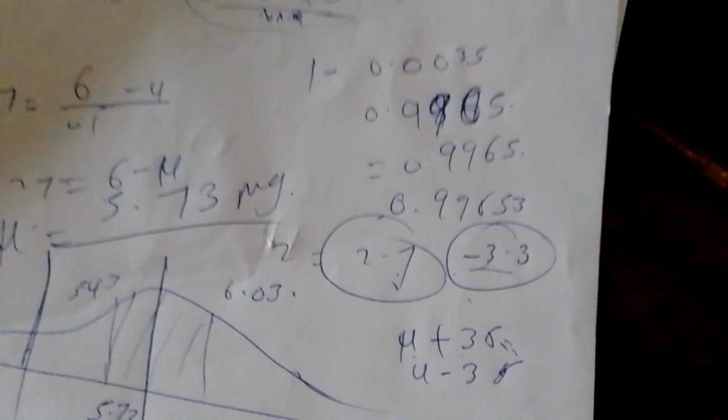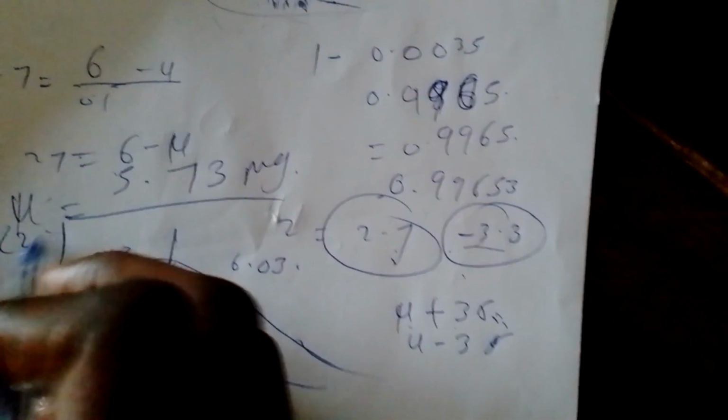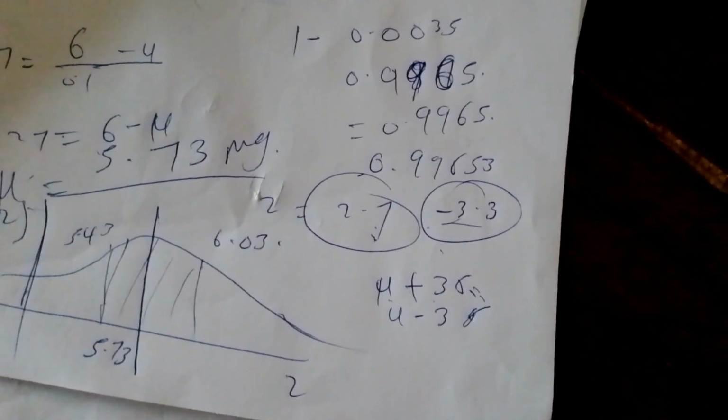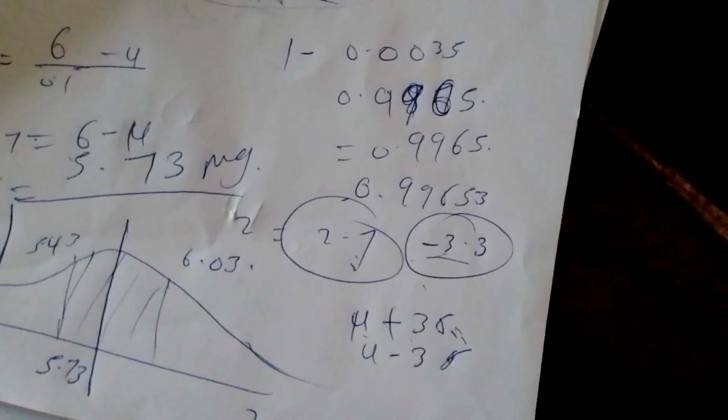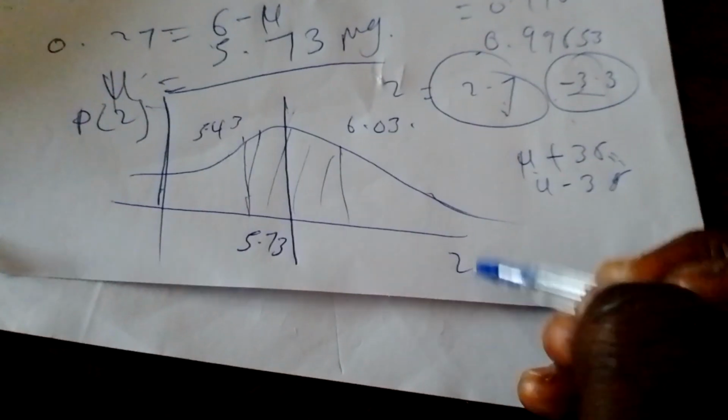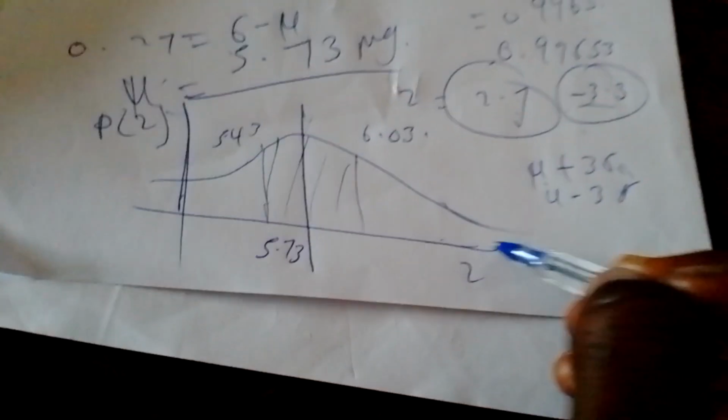Yeah. So basically, maybe you can call this one your probability of Z. Okay. So sorry. I think this will be your values, right?